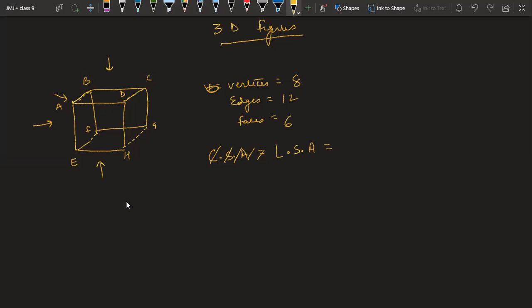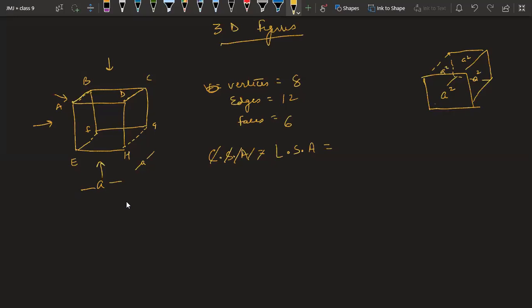So if you observe the front face, it is a square only. Suppose the length is a units. So what is the area of front face, class? What is the area of front face? It is a square. Similarly, this side face is also a square. This one will also be a square, and this will also be a square.